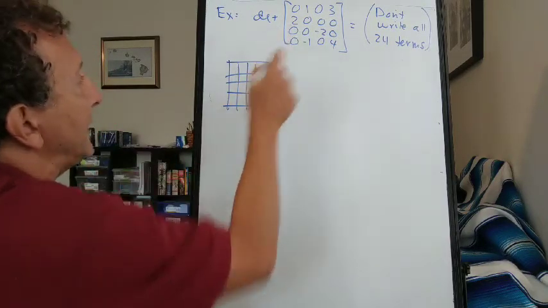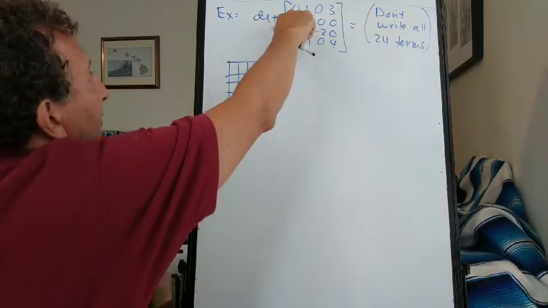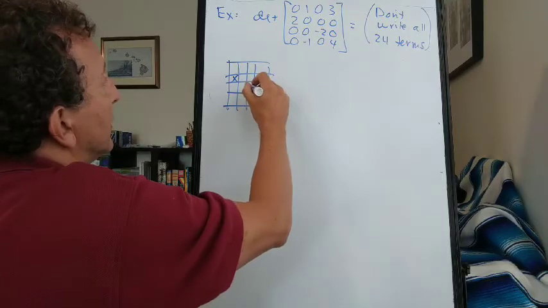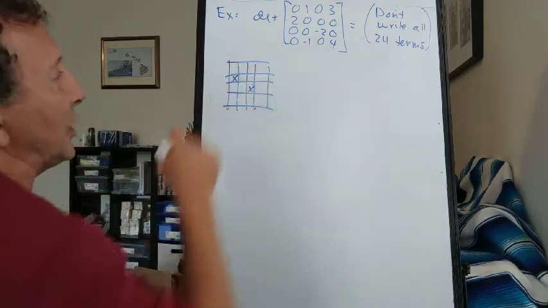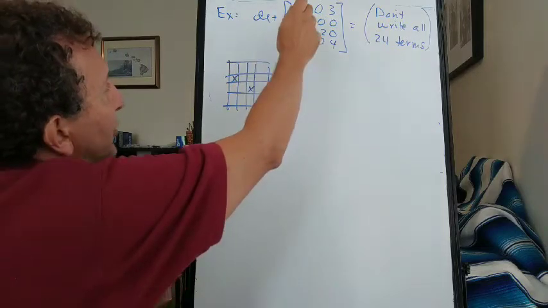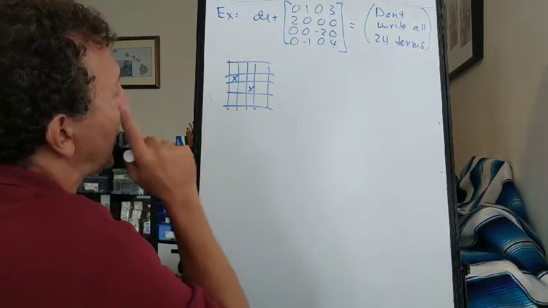Since we need to take one entry from each row and one entry from each column, we have to take that 2. We have to take that -2, because each of them is the only non-zero entry in its row. And then in the first row we've got a choice of 1 or 3, and in the fourth row we've got a choice of -1 or 4.